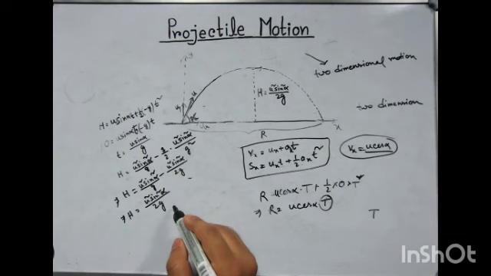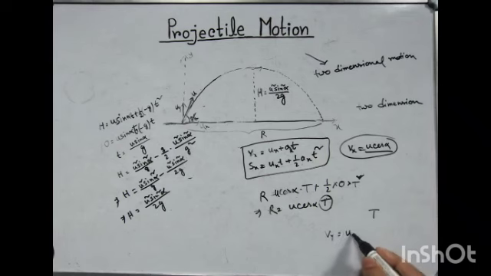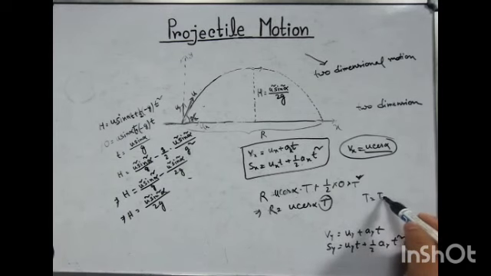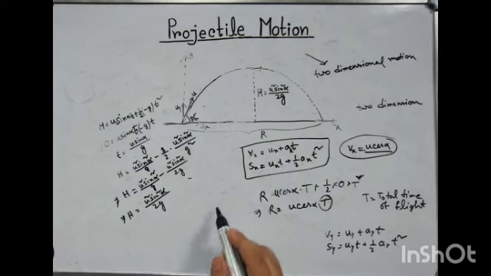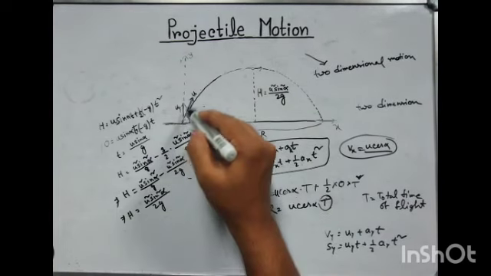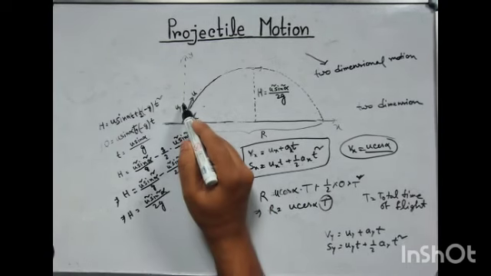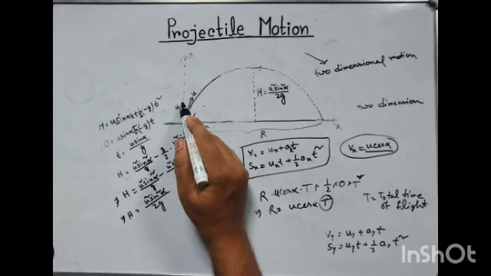So let's now take the y components, that is vy equal to uy plus ay t and sy equal to uy t plus half ay t square, where t is the total time of flight. Now here I will derive the total time of flight.